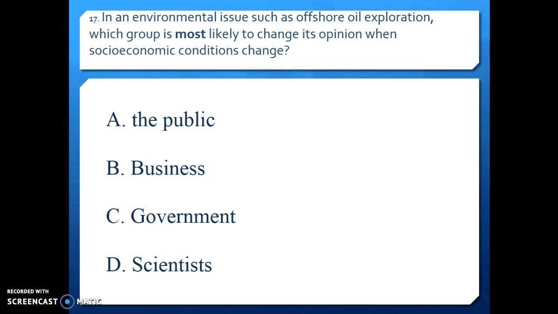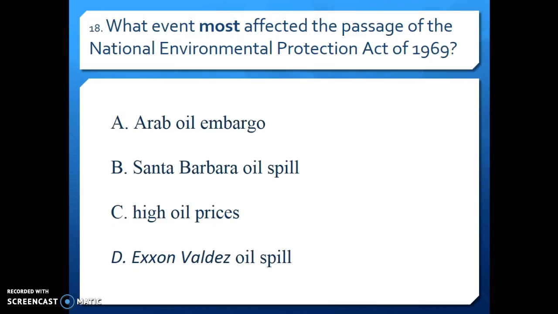Money, at that society level. What event most affected the passage of the National Environmental Protection Act of 1969?